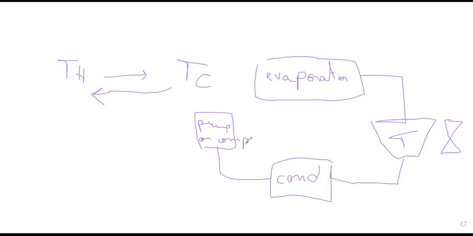Now, what is the idea and how can we switch from a refrigeration or heat pump cycle to a power cycle? First, if your purpose is to produce electricity, then you need a turbine, because at the level of the turbine you will get W dot out, and this W dot out can be converted to electrical power, because the turbine will rotate the shaft, and the mechanical energy can drive a generator, and then you can produce electricity.